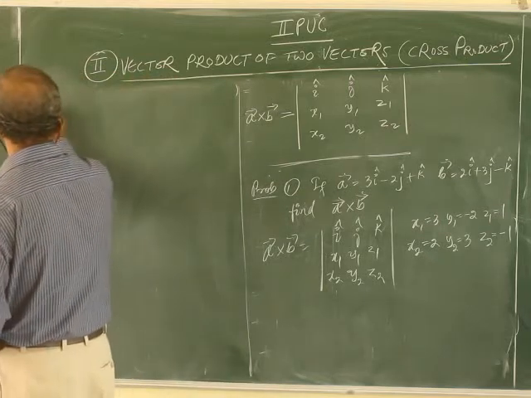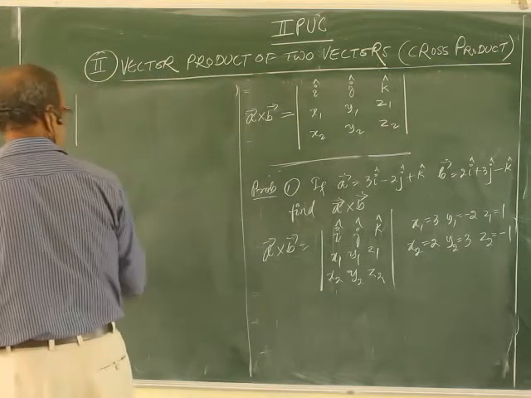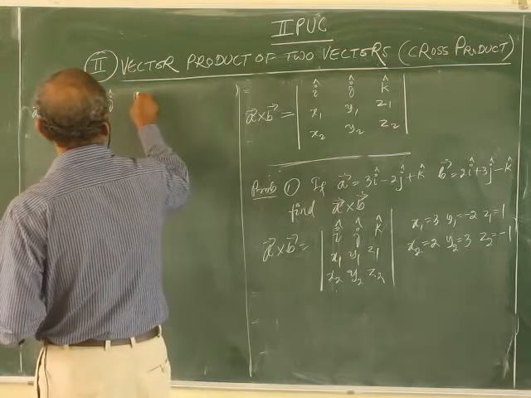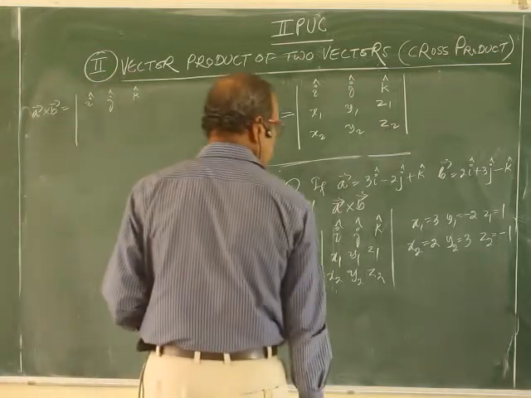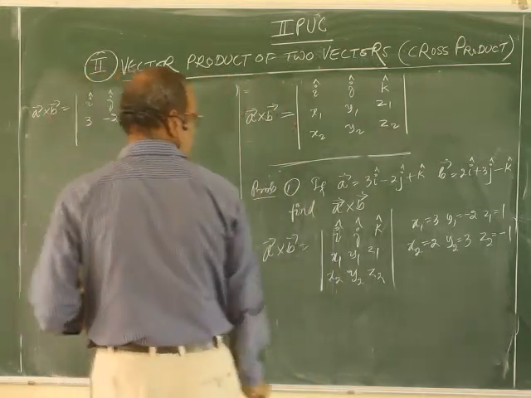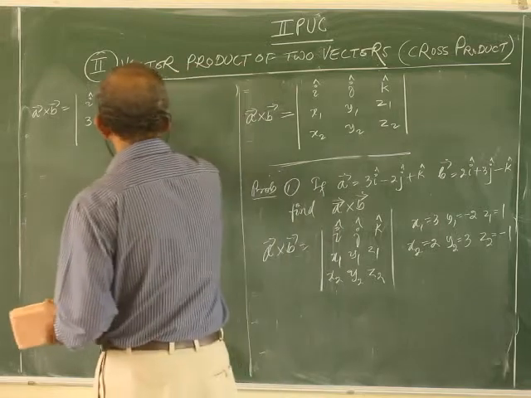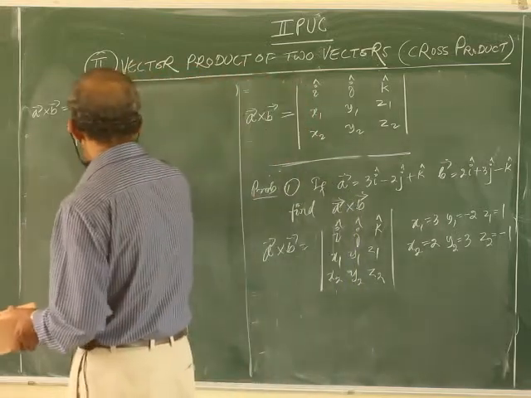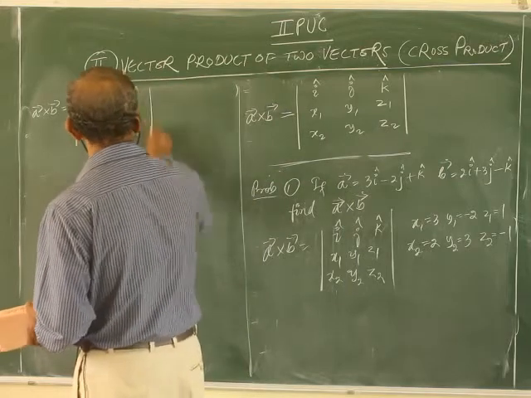A cross B equal to ijk as it is, then 3, minus 2, 1, and 2, 3, minus 1.